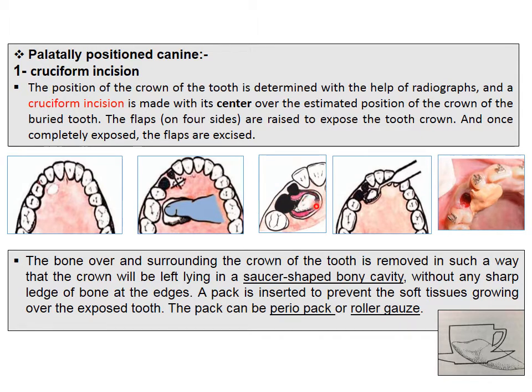Sometimes after lifting the bone, they directly place the band and do traction of the tooth, and sometimes they leave Coe-Pak or rolled gauze for 2 weeks or 10 days to prevent the soft tissue growing over the exposed tooth. This is the first type of incision, the cruciform incision.